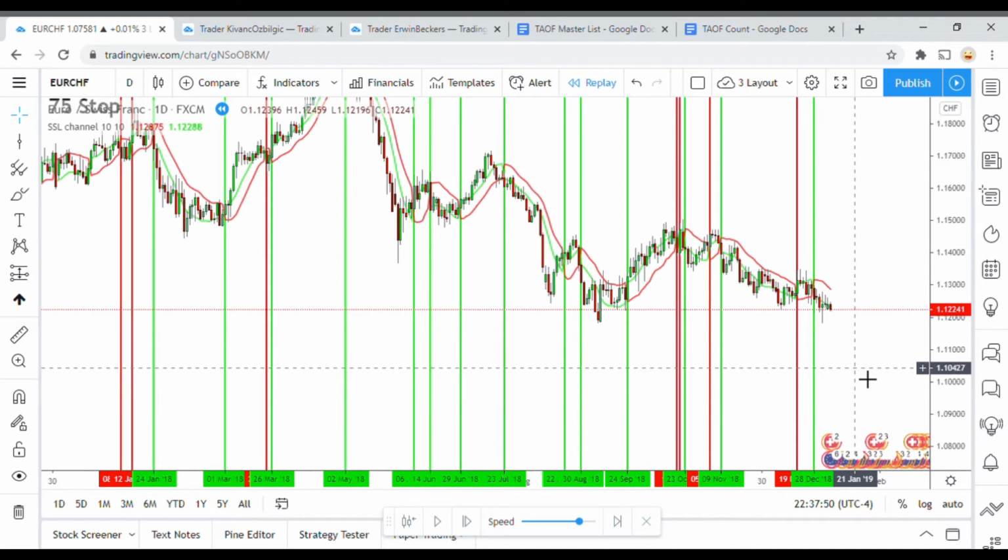And then imagine adding a confirmation indicator that knocked out, you know, 1 more trade. And then imagine having a range filter or a momentum indicator that knocked out 1 or 2 extra losses as well.